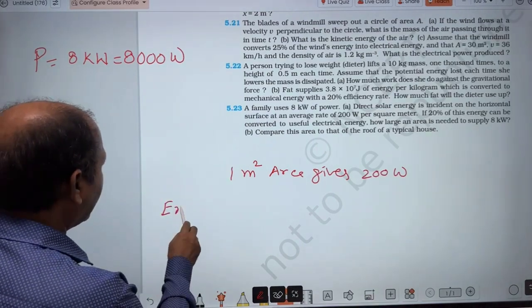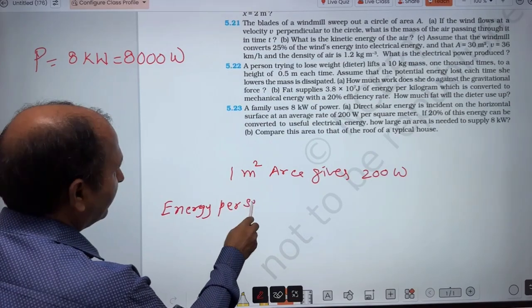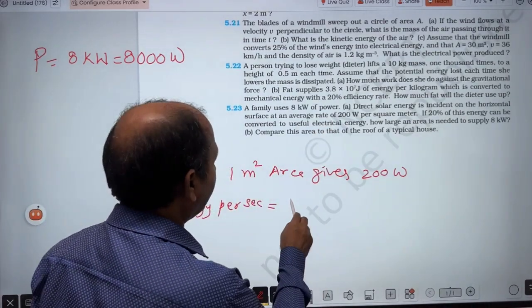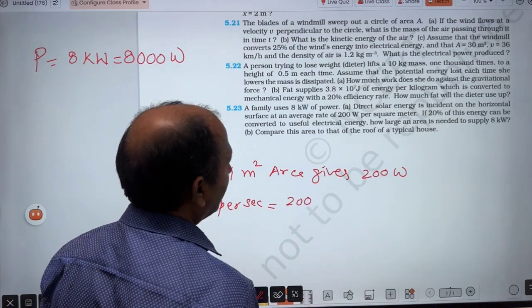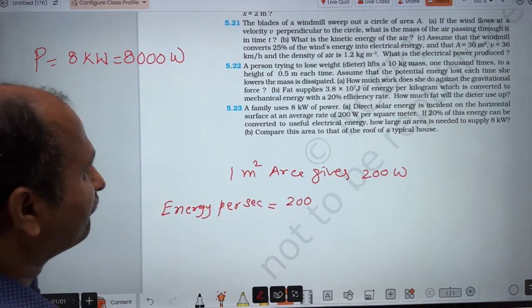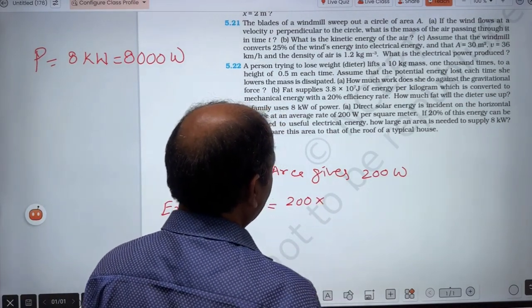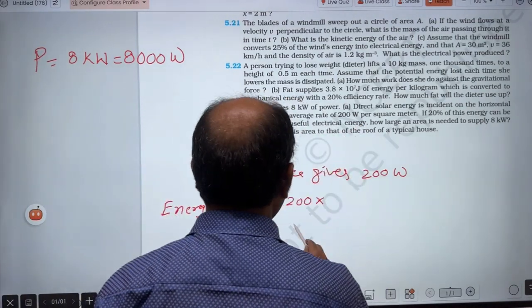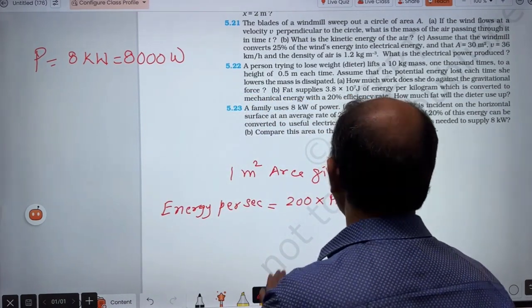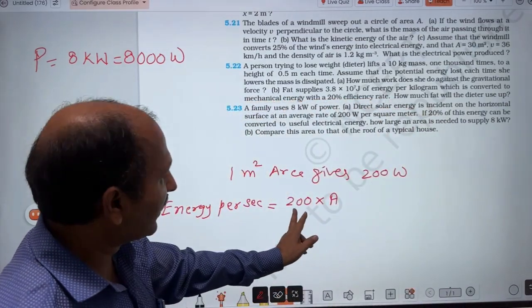So energy per second, that is power, will be equal to this incident energy 200 watt per meter square multiplied by the required area.